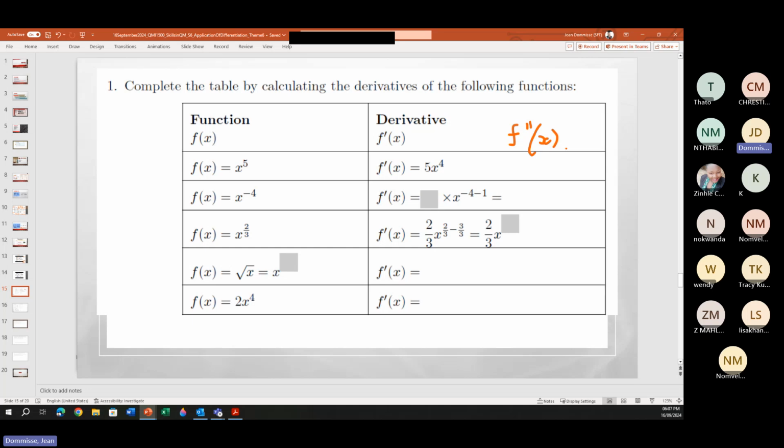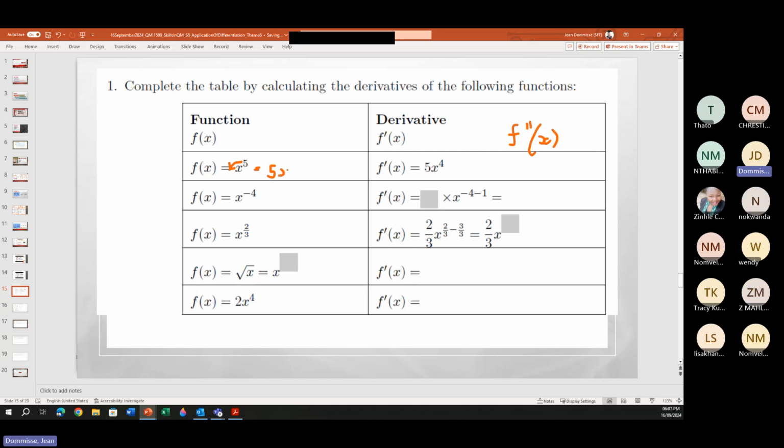Okay, so when we look at working out the first derivative, remember, let's say x to the power of 5. The 5 goes in front, so 5x, and then it is 5 minus 1, which will give you 5x to the power of 4.